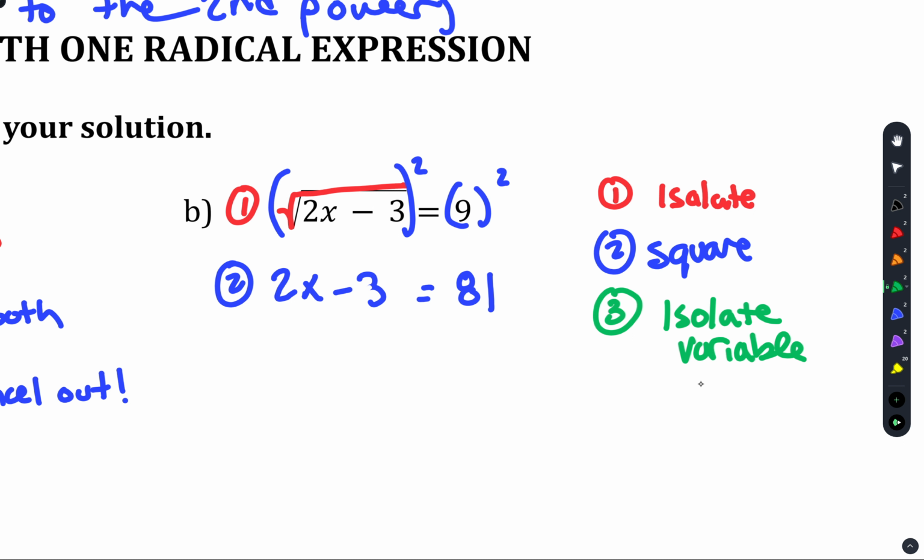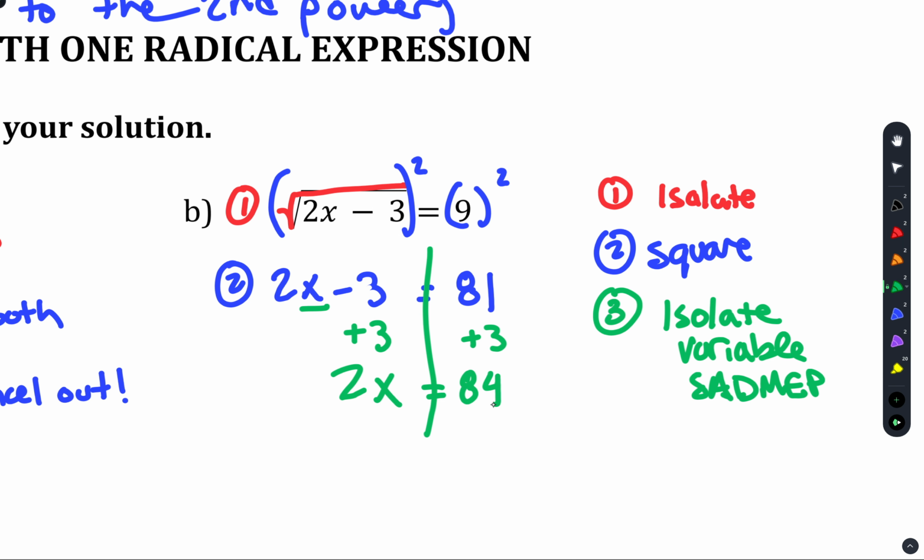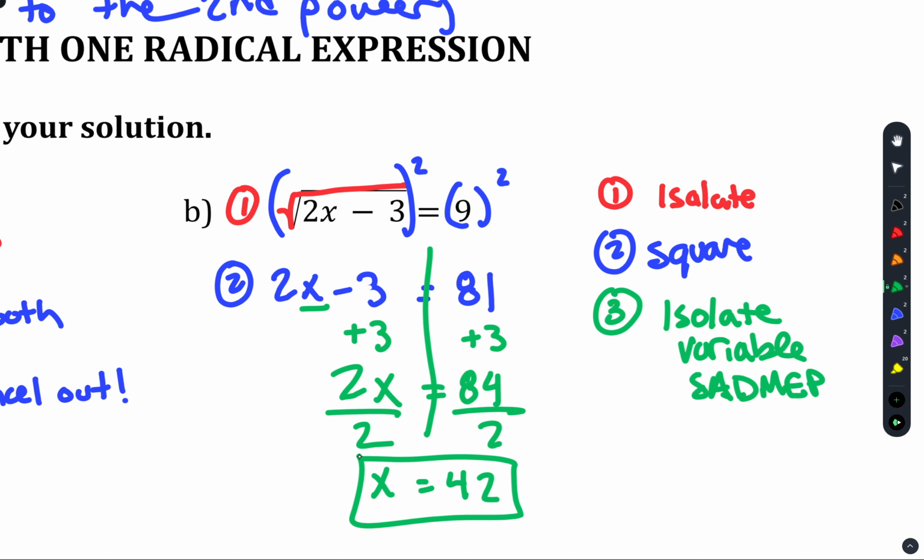And again, we're going to be using reverse order of operations, SAD-MEP: subtraction, addition, division, multiplication, exponents, parentheses. So I'm trying to get this x alone. I'm going to divide it up like railroad tracks. And I'm going to do plus 3 on both sides, and divide by 2 on both sides to get a final answer.